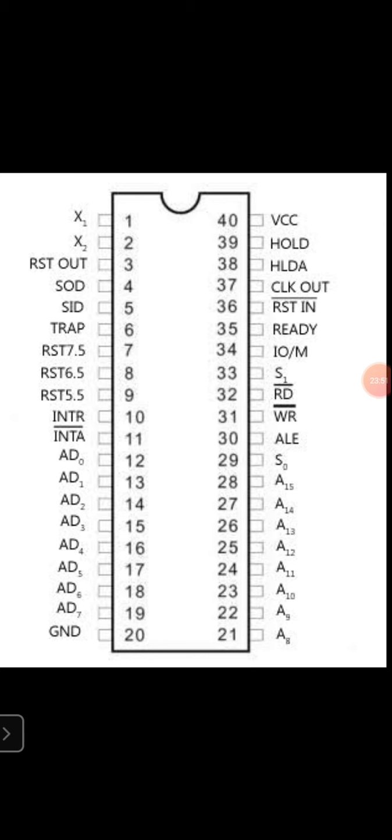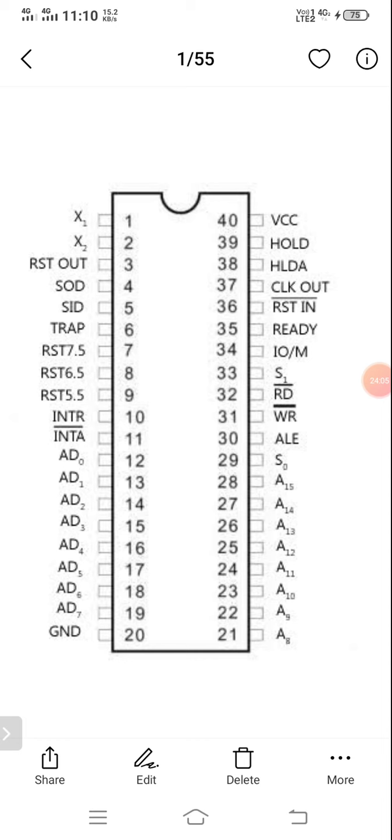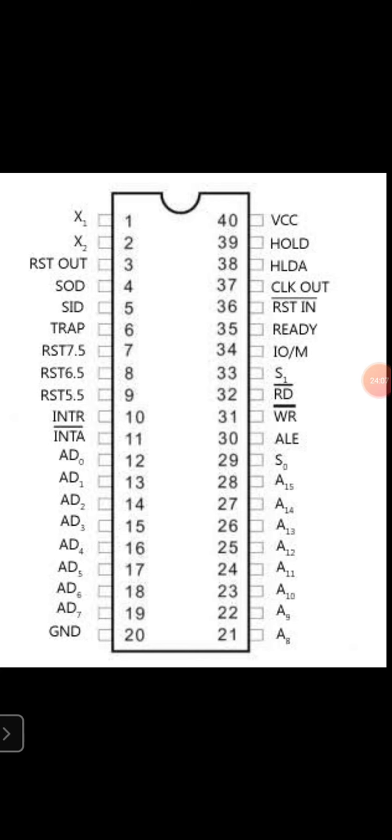And next, HLDA, hold acknowledgement. It is sent by the microprocessor. Interrupt acknowledgement and hold acknowledgement are both sent by the microprocessor only. The hold acknowledgement is sent by the microprocessor when it receives the hold request.